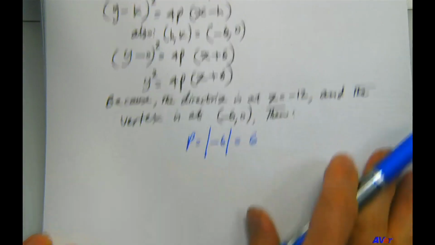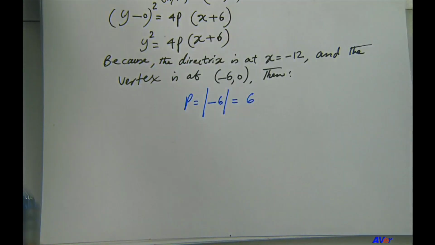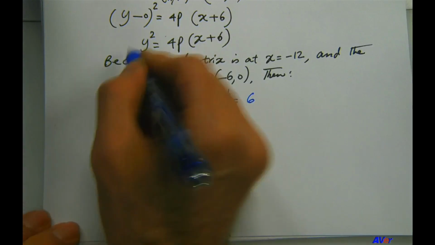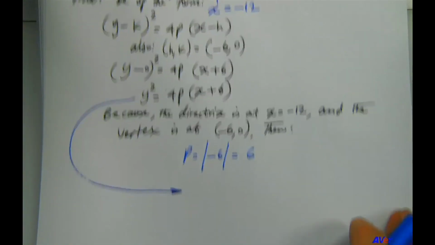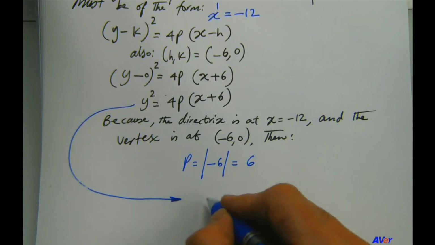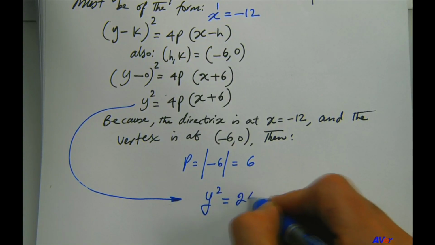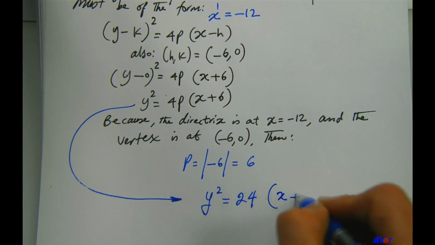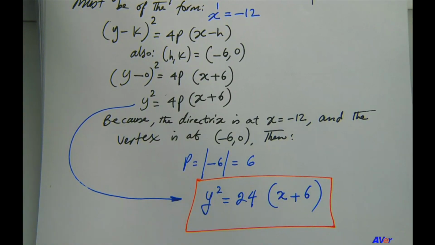So in this equation, we can substitute for P with 6, and we have y squared equals 24 times x plus 6, right? Just plugging in for P with 6, we have 24 there. So that's the equation of that parabola.